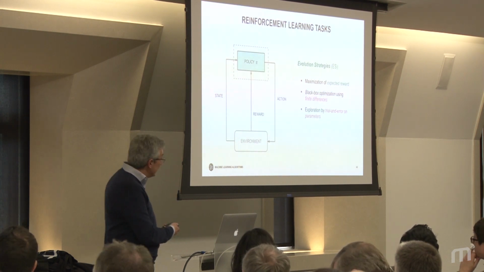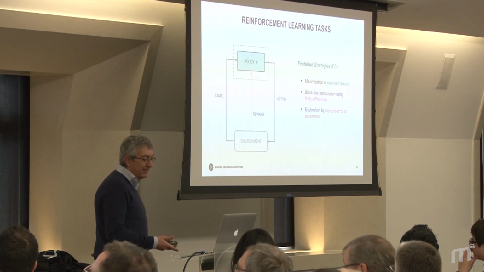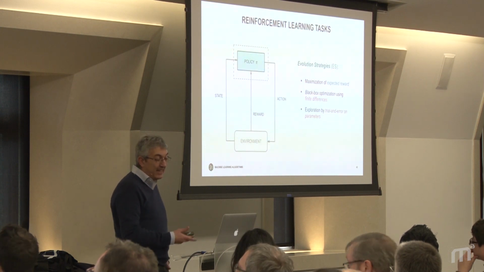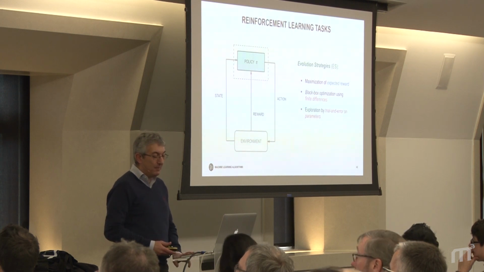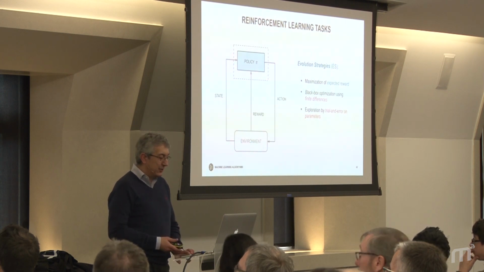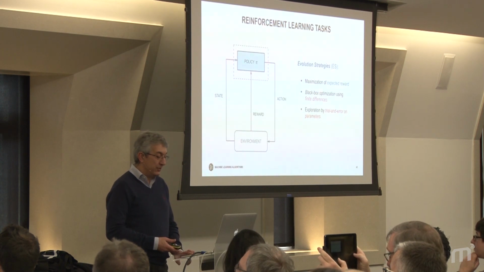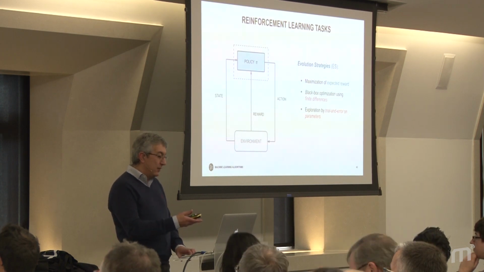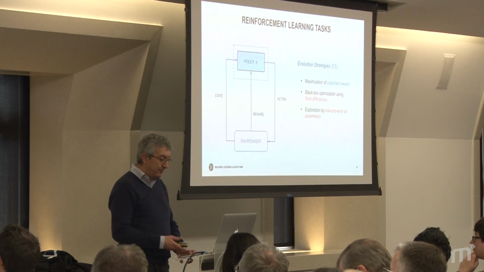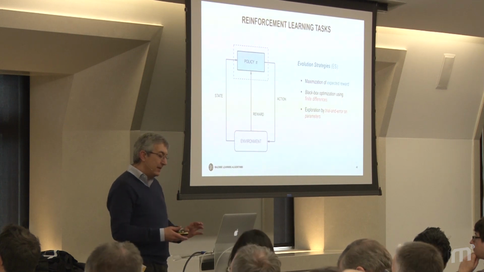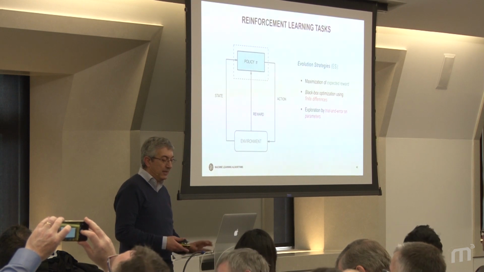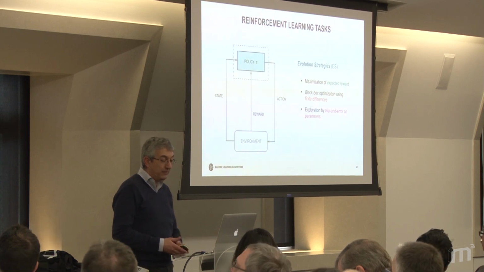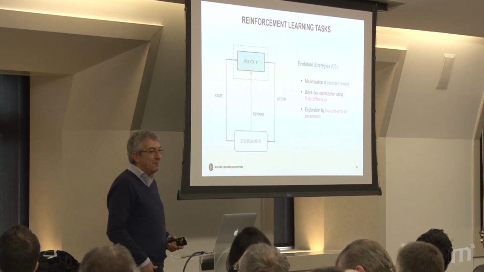From that point of view, it's worth mentioning that there have been recent discussions on alternative, completely different approaches to the same problem. One exciting new discussion is related to evolution strategies. Again, in this case, the goal is to maximize the expected reward. But now the policy is just a black box optimization that doesn't use backpropagation, which is one of the reasons why it has been debated.